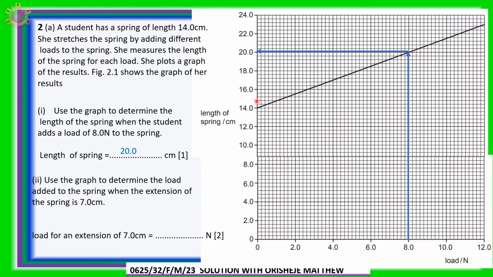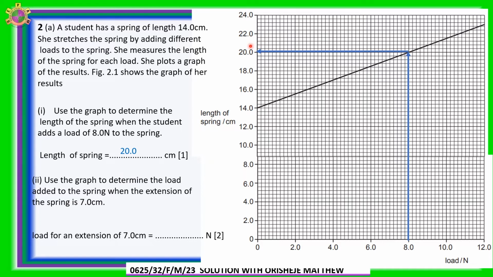Question 2. Use the graph to determine the load added to the spring when the extension is 7 cm. Extension is 7 cm. So from 14, it extended by 7 cm. So add 7 to 14, that gives about 21.